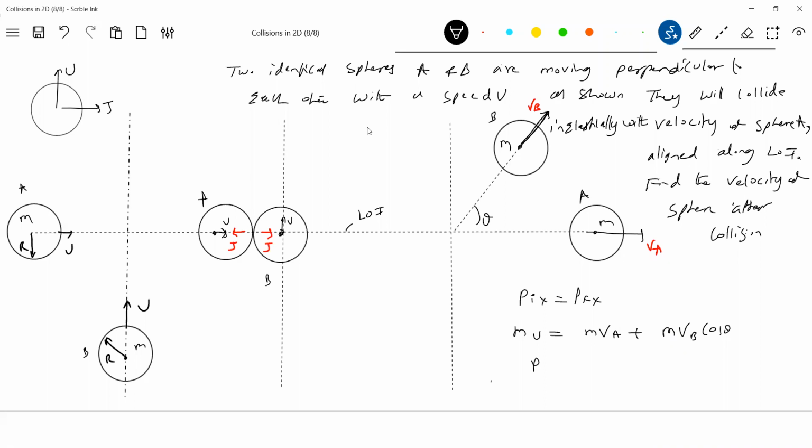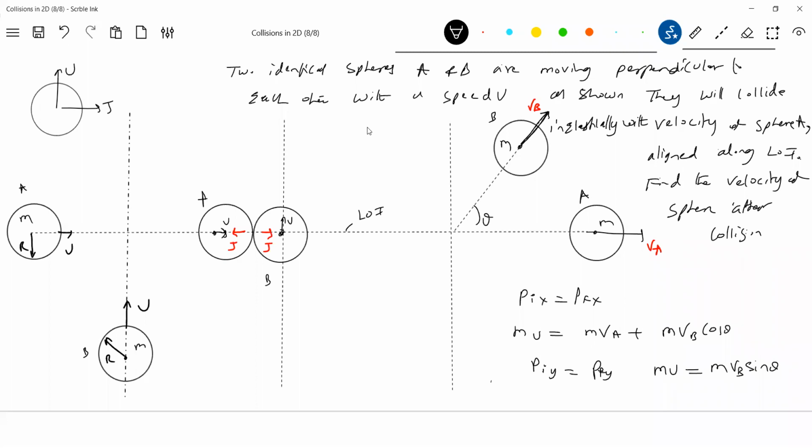Then along the y-axis, initial momentum is zero and final momentum is mVB sin theta.